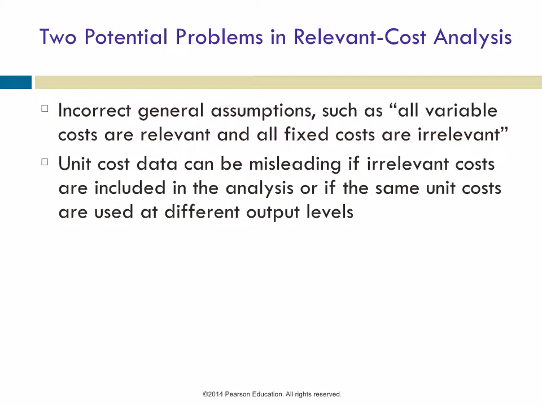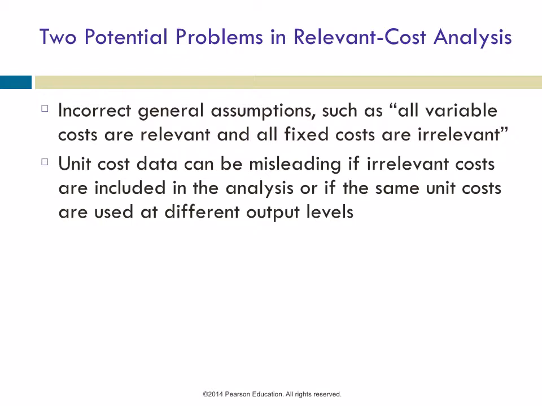So there are a couple of potential problems that can be run into when you're trying to run a relevant cost analysis. Sometimes people make that first bullet point, that general assumption that all variable costs will be relevant and all fixed costs will be irrelevant.